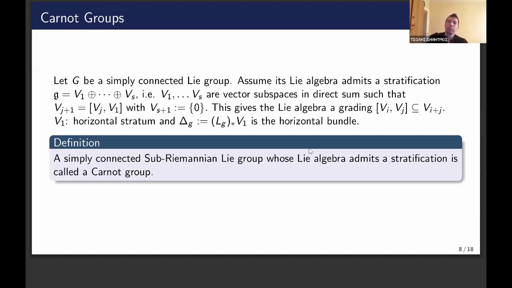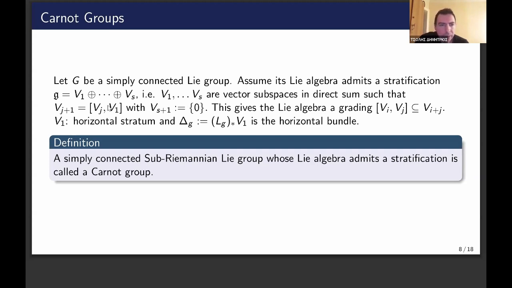Okay, now Carnot groups. What is a Carnot group? A Carnot group is essentially a group that admits a stratification. We take the Lie algebra and write it as a direct sum of vector subspaces V_1 through V_s.